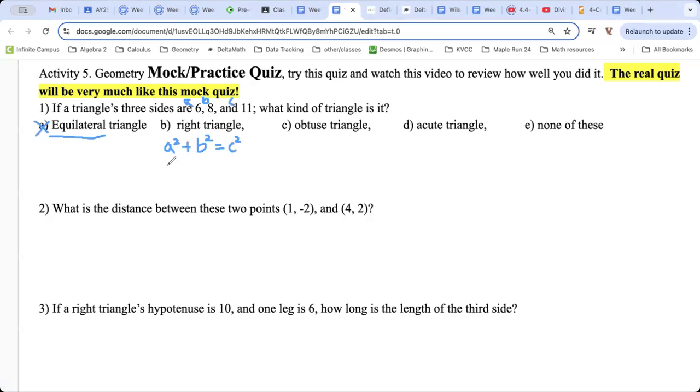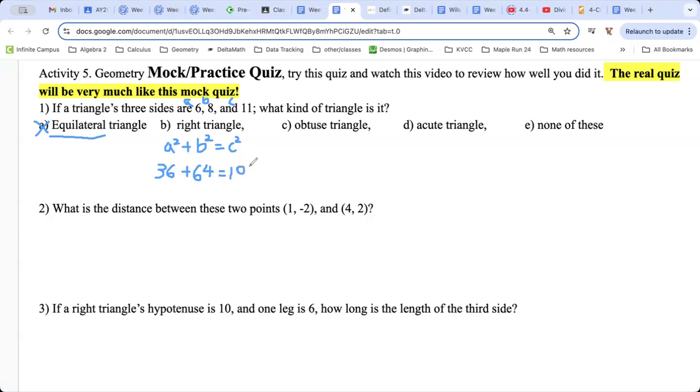So in this case, 6 squared is 36, and 8 squared is 64, so for that to be a right triangle, C squared has to be 36 plus 64, which is 100.